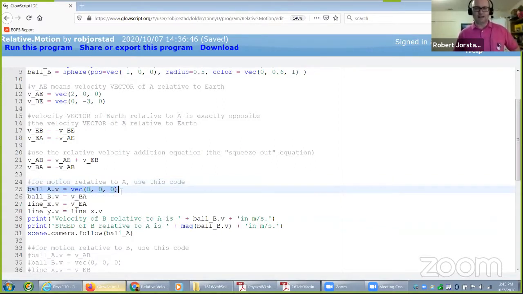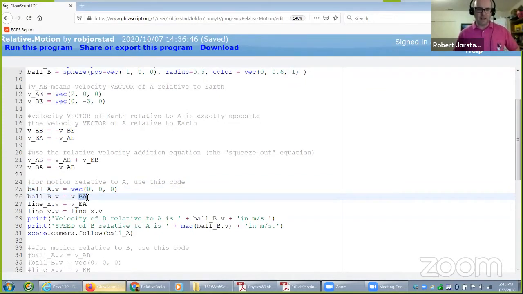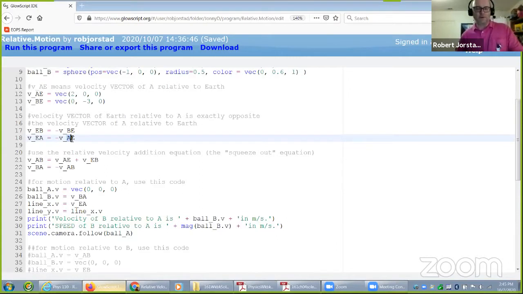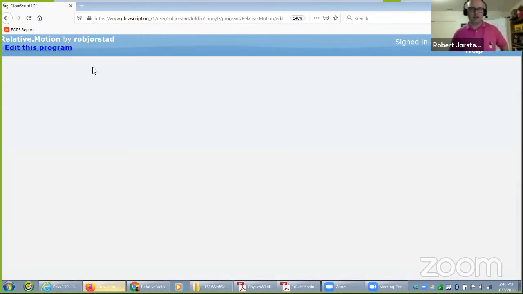A is sitting still, and we're going to look at the velocity of B relative to A. Now the Earth relative to A, that's the coordinate system, right? So think of the coordinate system in this problem as the Earth. A should be moving to the right, which means the coordinate system should be moving in the opposite direction, right? If A is moving to the right relative to the Earth, the opposite is true for the Earth relative to A. So let's run this and take a look at it.